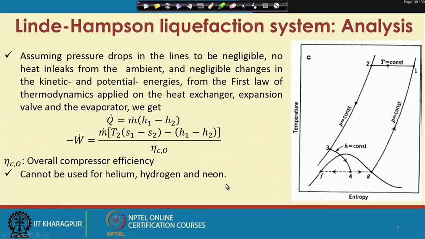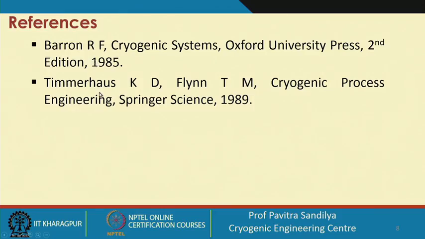Why? Because these three gases have their inversion temperature much below the ambient, as we learnt earlier. So this is not applicable for these three gases. Further detail about these can be found in these two books, Barron and Timmerhaus.